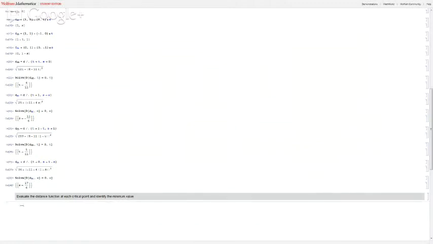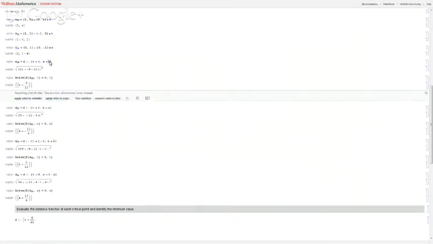So first I have d, my distance function, evaluated at t is 6 over 11, and when t was 6 over 11, remember that s was 0.